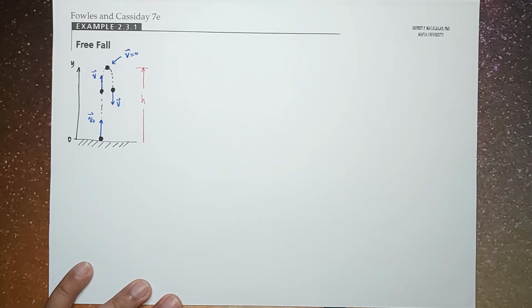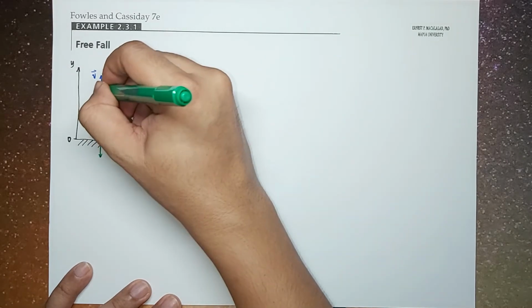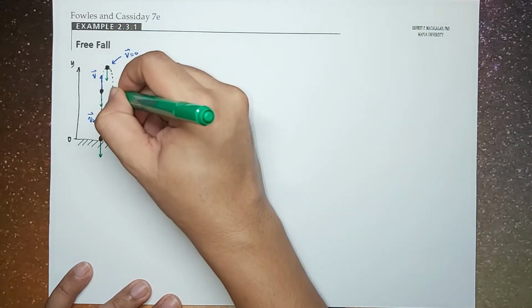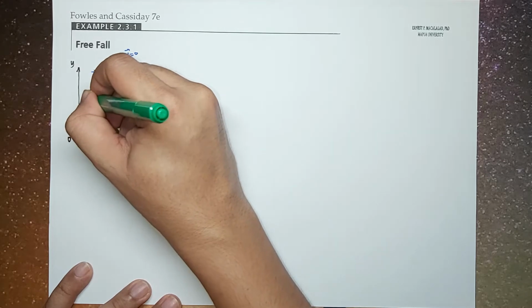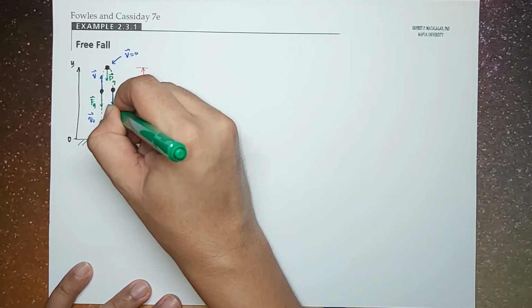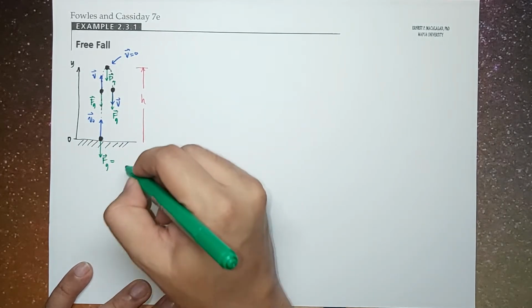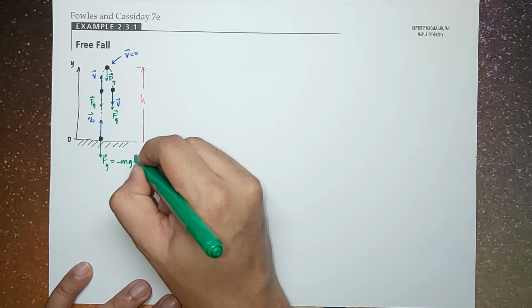Throughout the motion, there's only one force that acts on the particle. That is the gravitational force, or your weight, where your weight is equal to negative mg j hat.